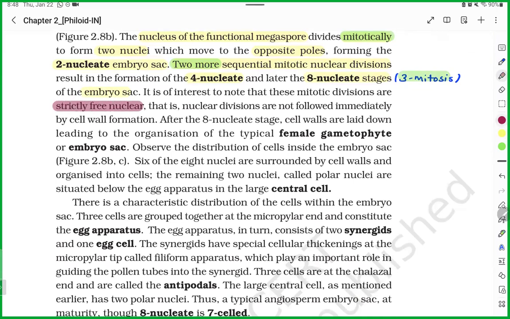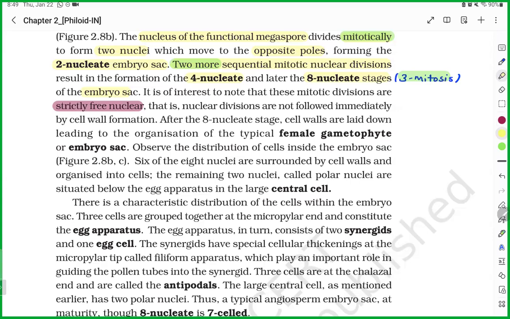Anvita, what does strictly free nuclear mean? The nucleus is freely dividing, but up to a limit. There is no 100% freedom.